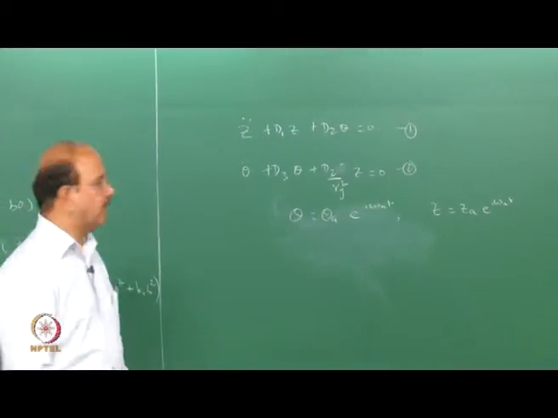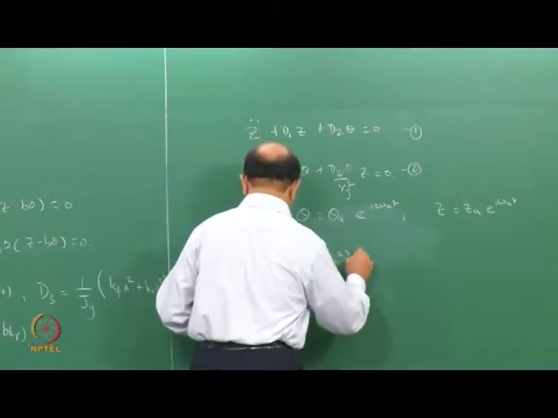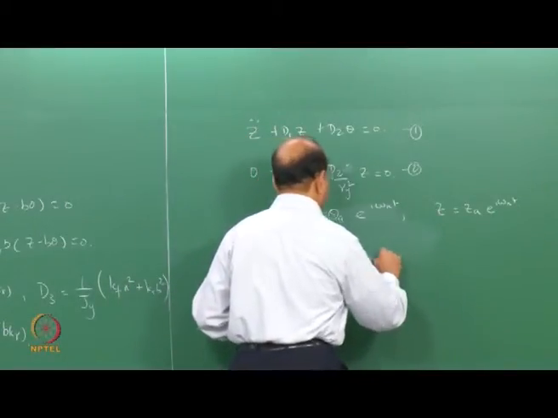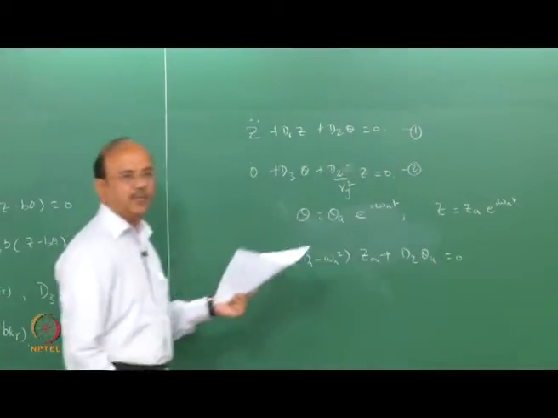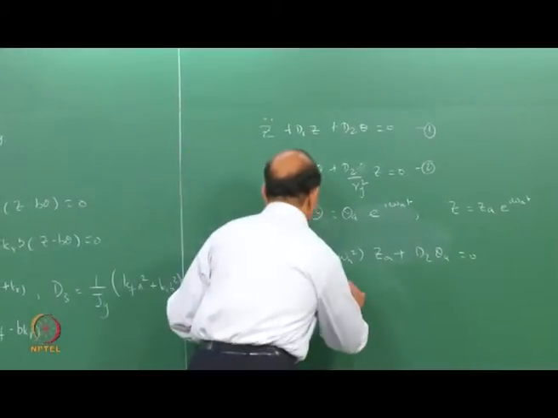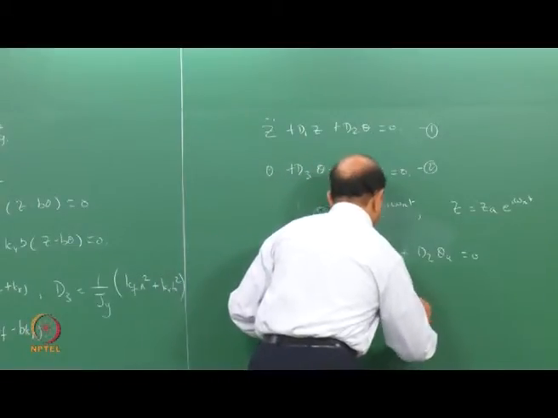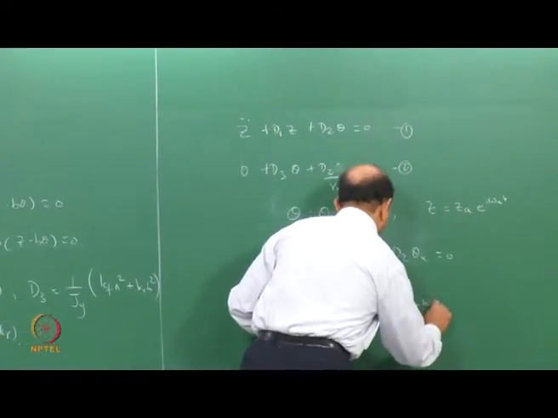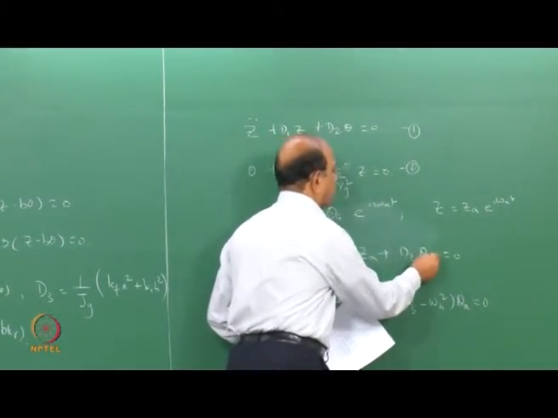Then write down the equation of the form d1 minus omega n squared times za plus d2 theta a is equal to 0. When I differentiate this two times, I get minus omega n squared, and that's the reason why I have a minus omega n squared here. And d2 by ry times za plus d3 minus omega n squared times theta a is equal to 0.